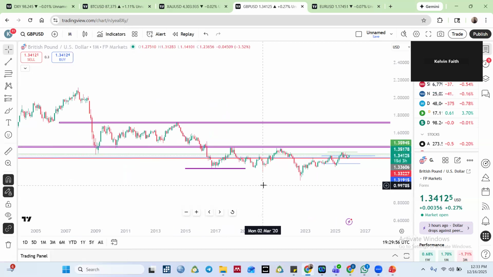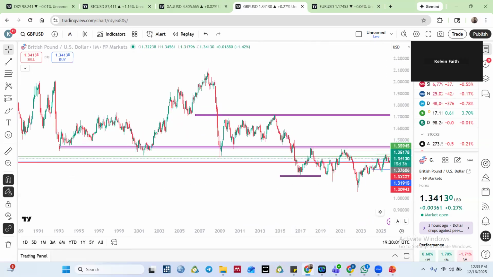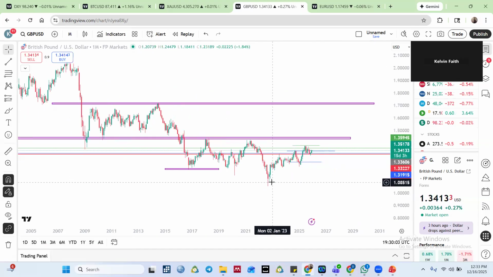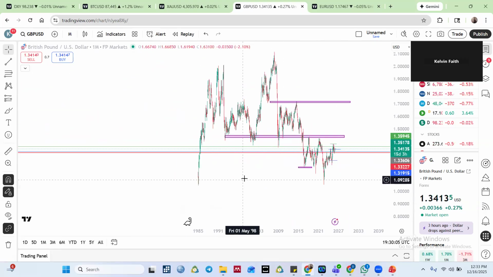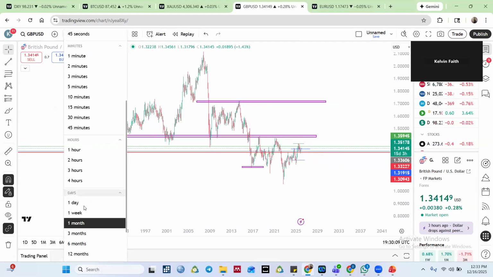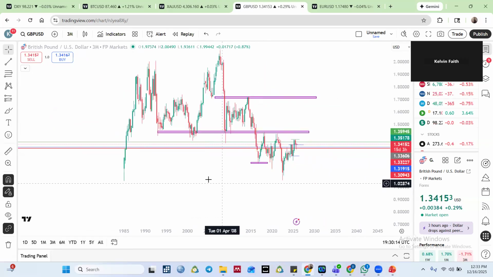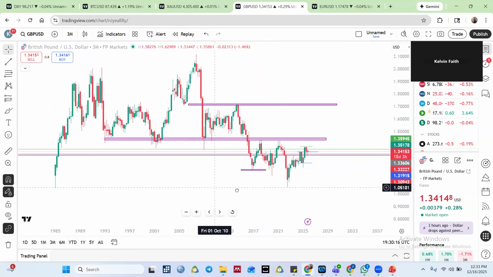Let me go to one month again. I want to ask again. Maybe 3 months will be better. I want us to see the whole chart, plain and clear. Good.